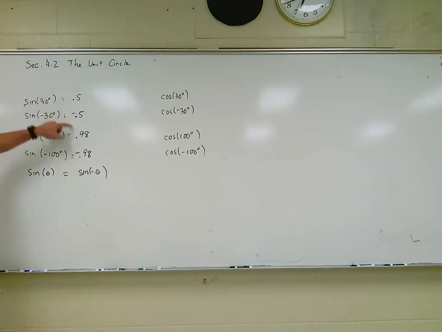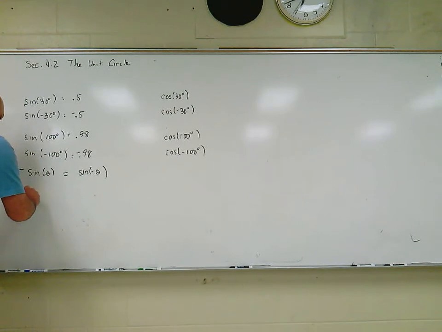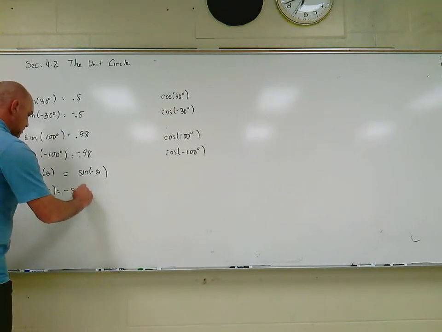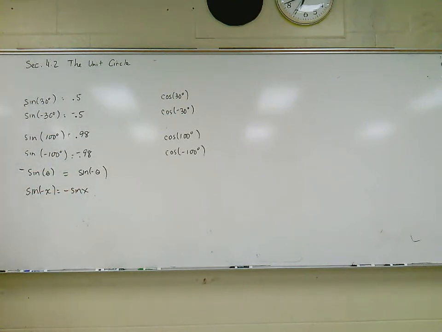What are these answers of each other? That's right. It has to be another negative. They're opposites, right? So I'm just going to put a negative here, okay? They're not equivalent. They're opposites. Now, you may see it with x, so they may write it sine of negative x equals negative sine of x. You may see it written like that, okay?